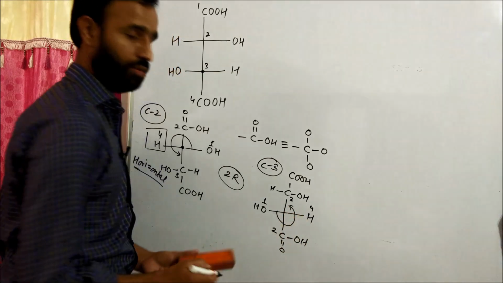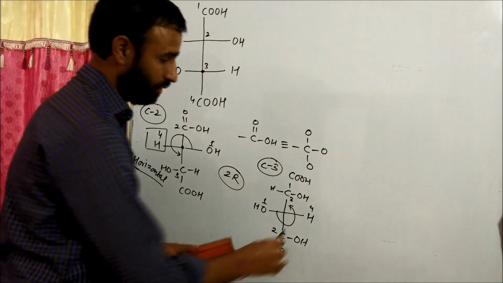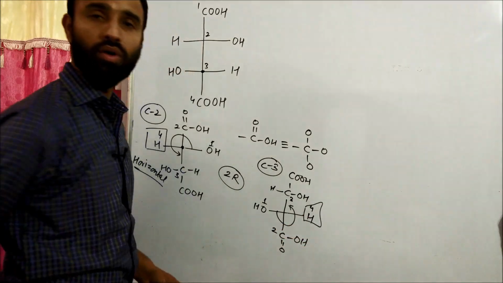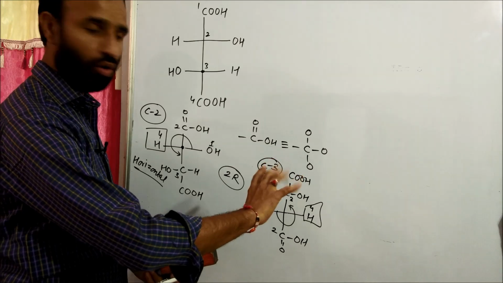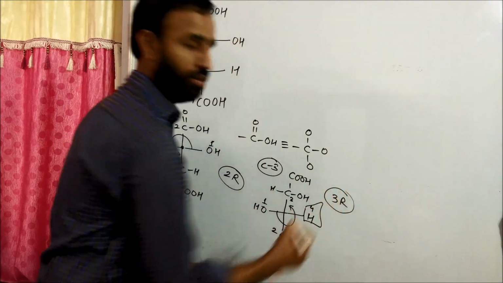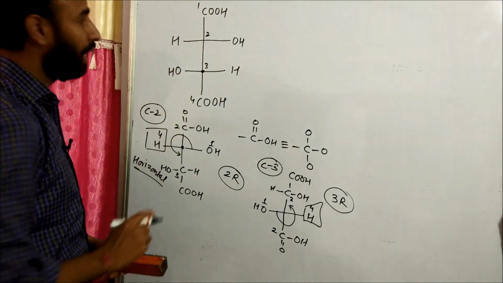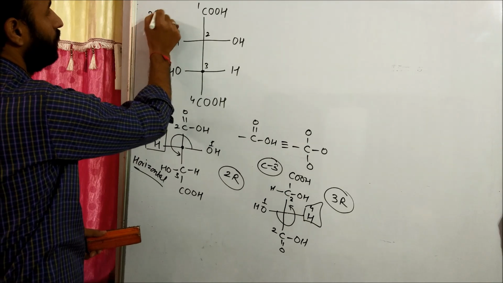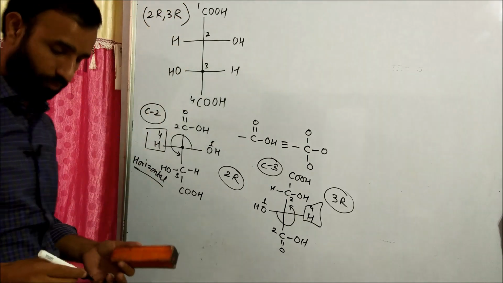So we go like this. Again anti-clockwise, horizontal, anti-clockwise, horizontal, so R. This molecule has configuration 2R, 3R.